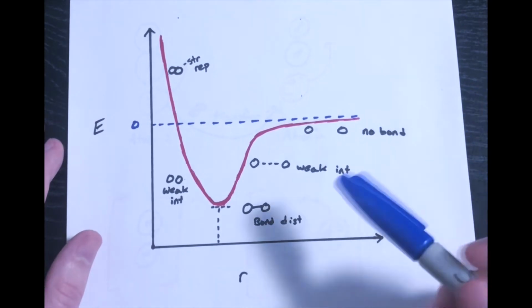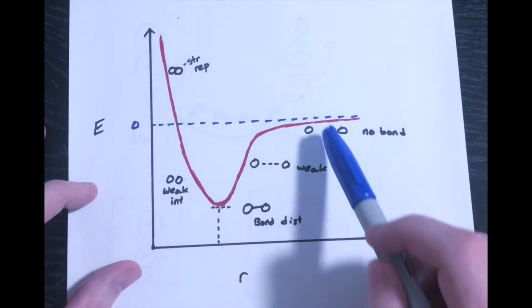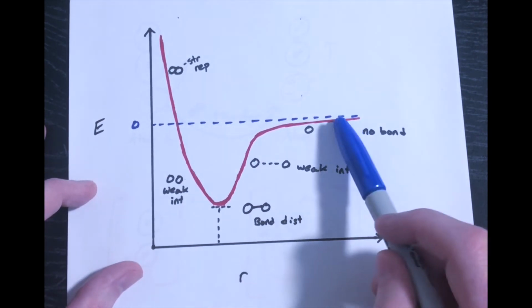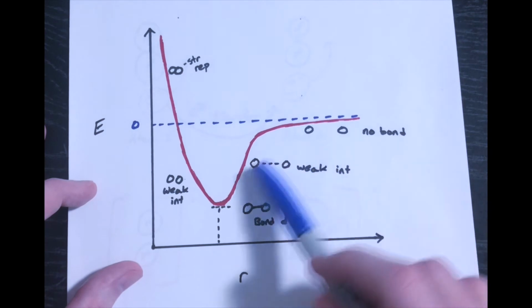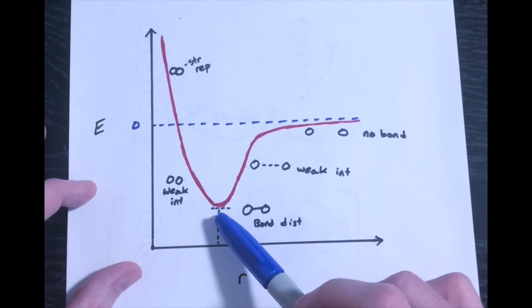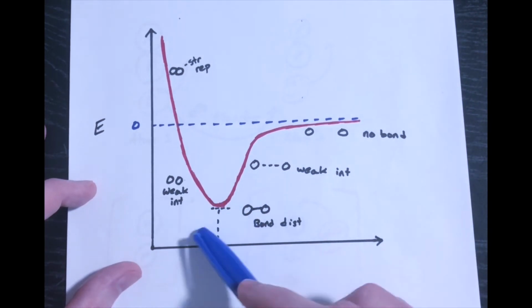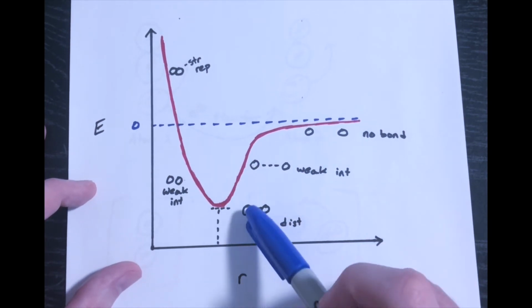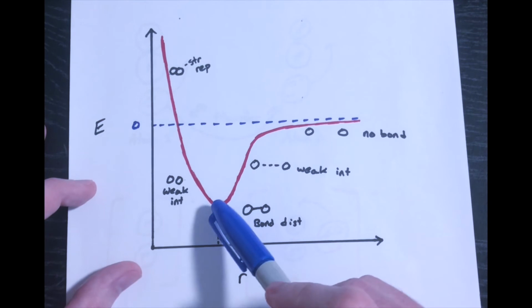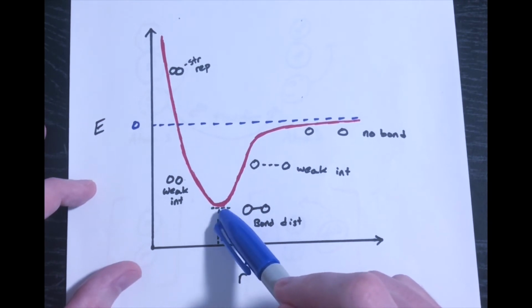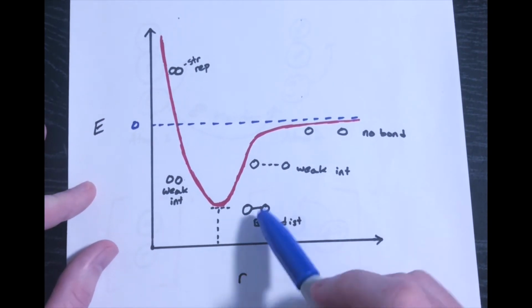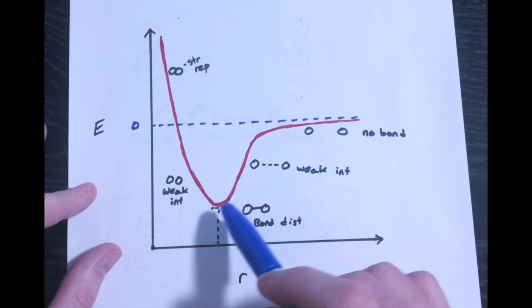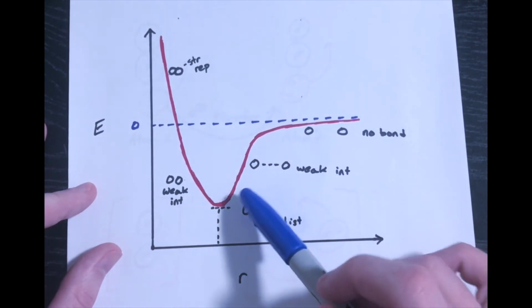So for example, if we go from out here where there's no interaction, zero energy, down here, we're releasing this amount of energy to the surroundings, causing this to be a lower energy state. Nature is always going to prefer the lowest energy state that's possible, so this is going to be the state that this molecule exists in, because it's much lower than all the other possibilities.